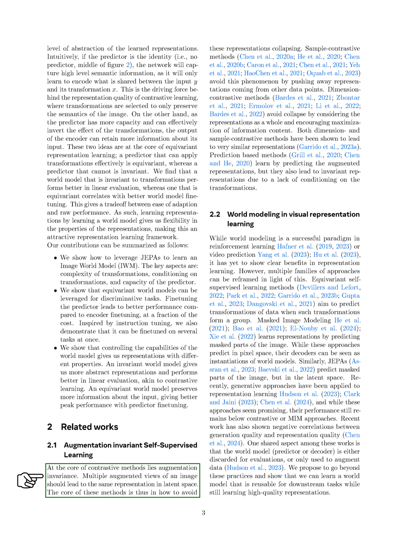Moving on to world modeling in visual representation learning, this concept has been successful in areas like reinforcement learning and video prediction but hasn't yet proven its worth in learning representations. Nonetheless, several methods can be seen through the lens of world modeling. Equivariant self-supervised learning methods aim to predict how data changes when it undergoes certain transformations.